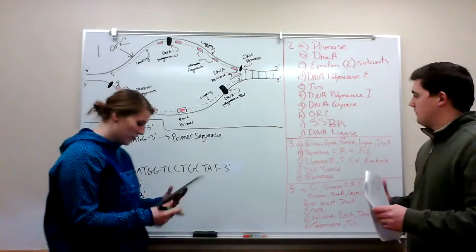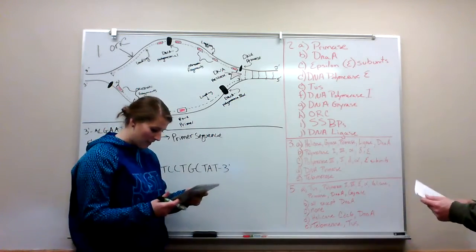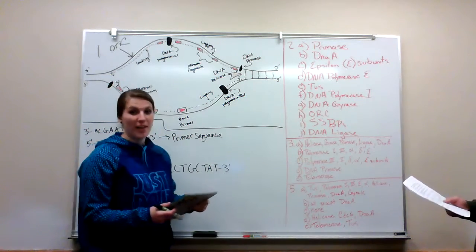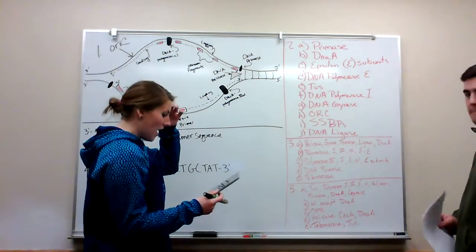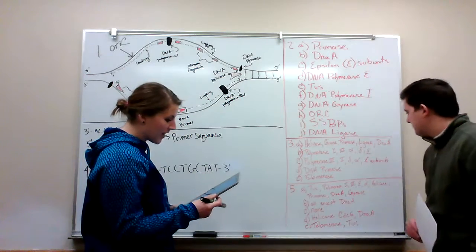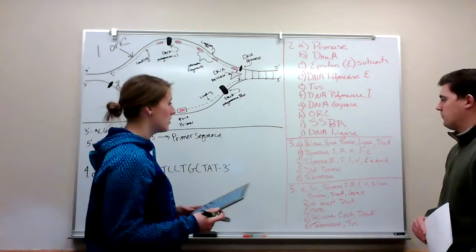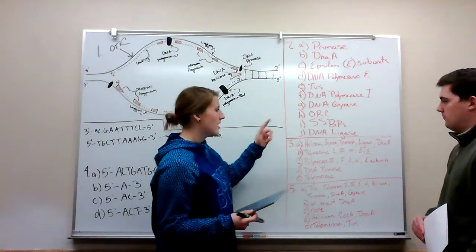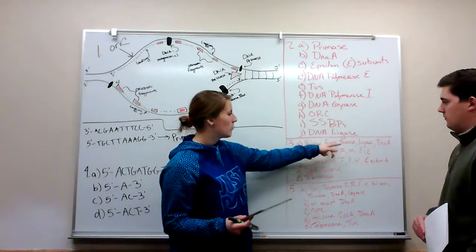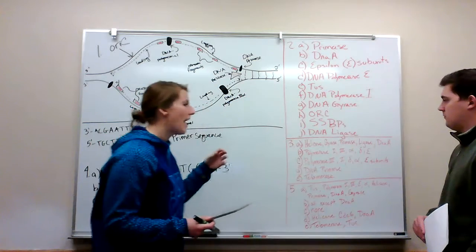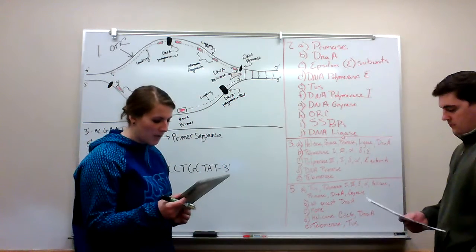Alright, so for number 3, this is all about the enzymes in DNA replication. For A, it says list 5 enzymes, prokaryotic or eukaryotic, that consume ATP during DNA replication. We got DNA helicase, gyrase, primase, ligase, and DnaA. Those all consume ATP during replication.